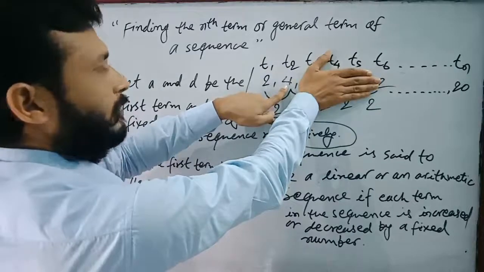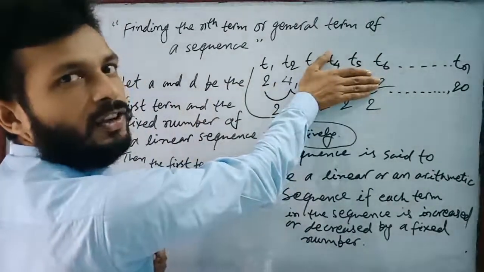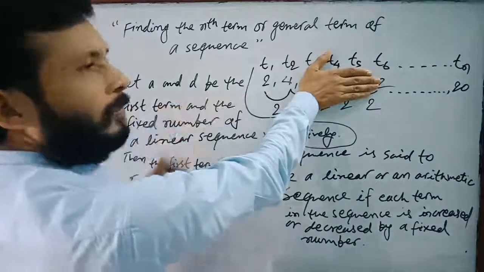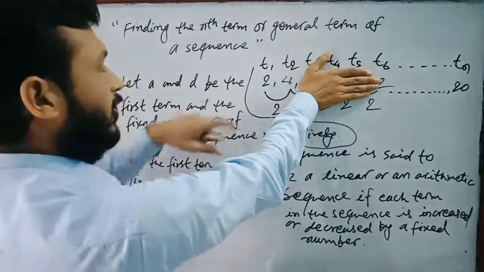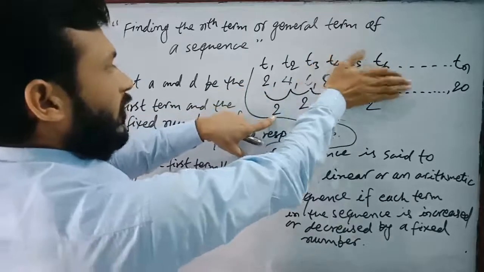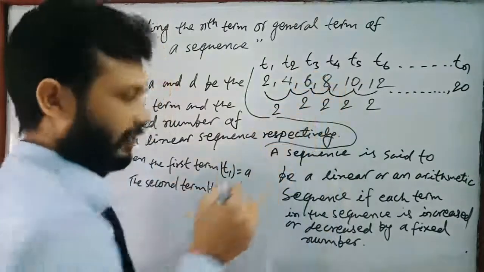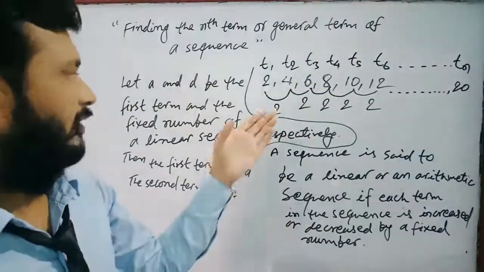Clear? The third term is the sum of the second term and the fixed number: 4 plus 2, 6. Understood?